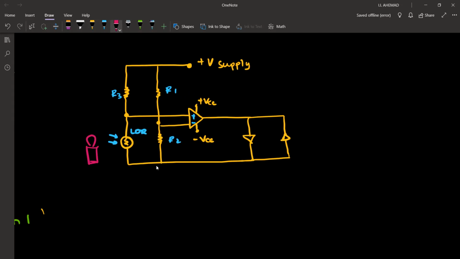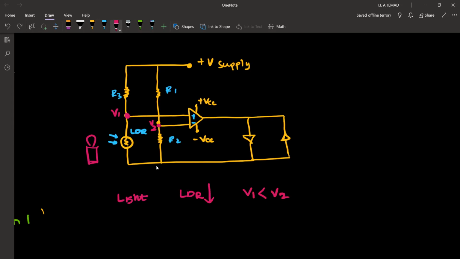So the resistance of the LDR goes down. So if there is light, LDR resistance is less. Let's say this is voltage V1 and this is voltage V2. If the resistance is less, then V1 will be less than V2. V1 less than V2.